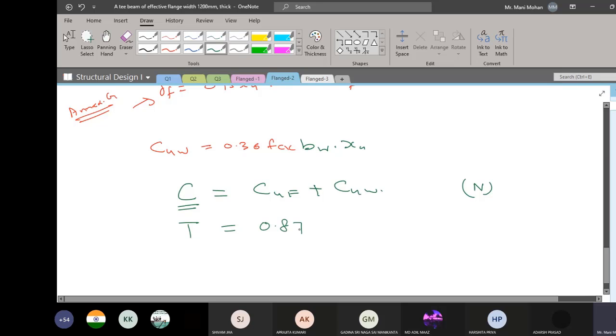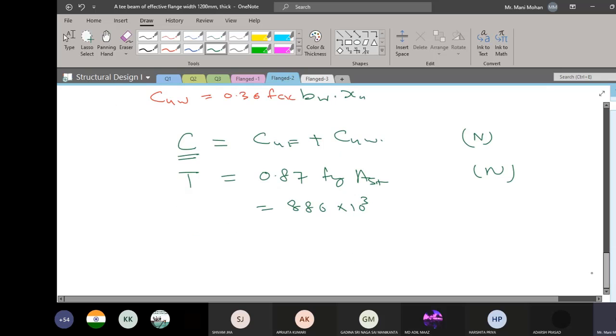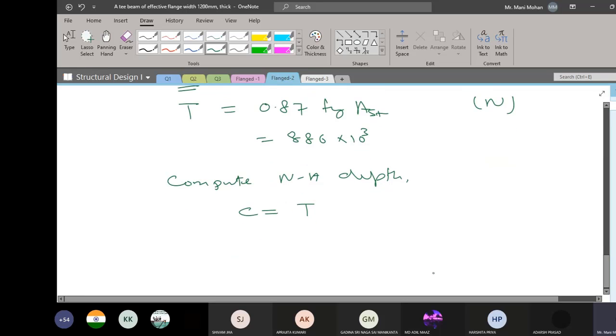You can do this calculation again, 0.87 Fy AST, and give this in Newton, which is going to be 886 into 10 to the power of 3 Newton. So compute the neutral axis depth, C equal to T. Please do this and give me the value of XU.